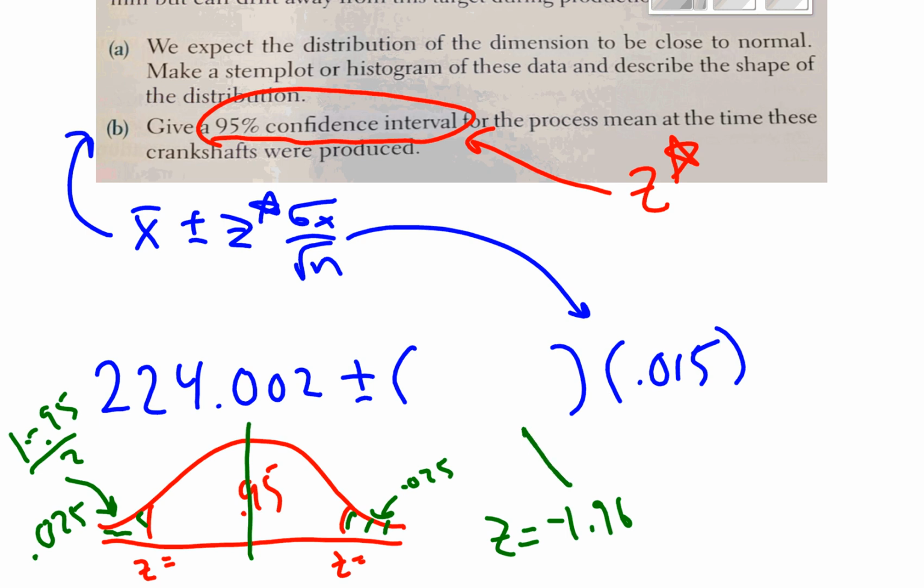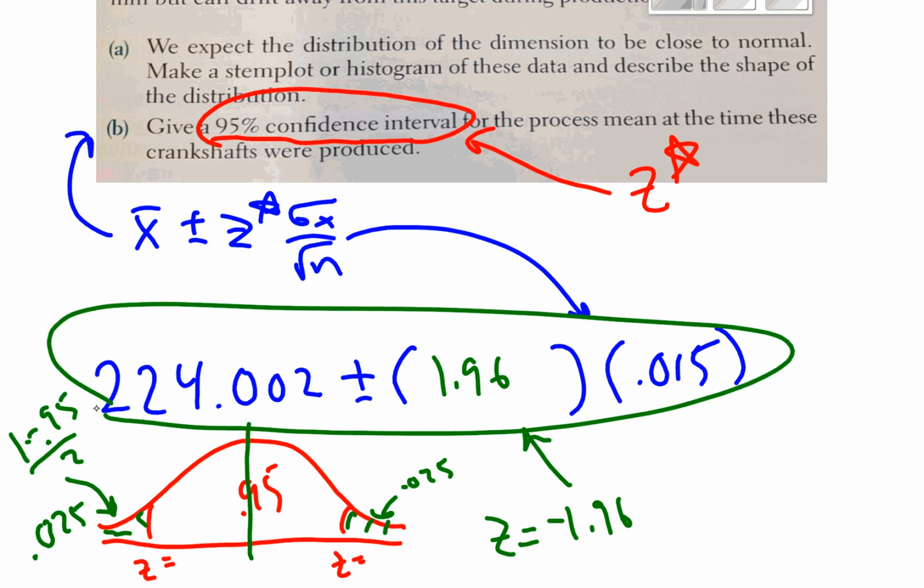You just put the positive version of that in here, 1.96, and there you have it. That is your confidence interval. Now you should actually compute this, which we're going to do now. And if you type this all in, let's see what you get.